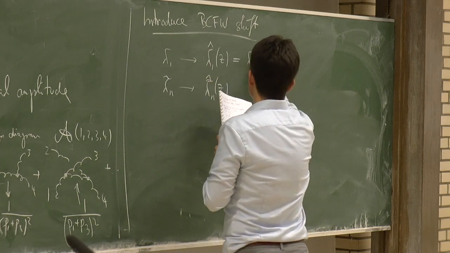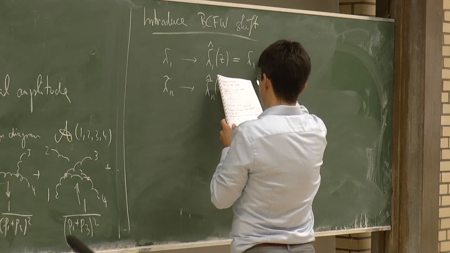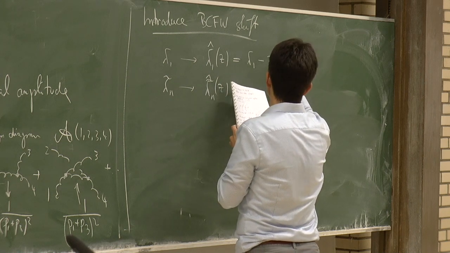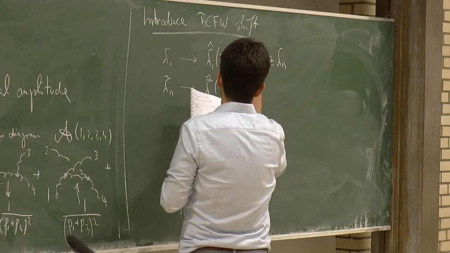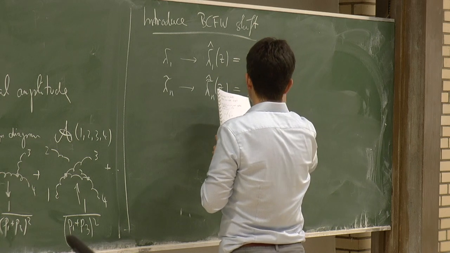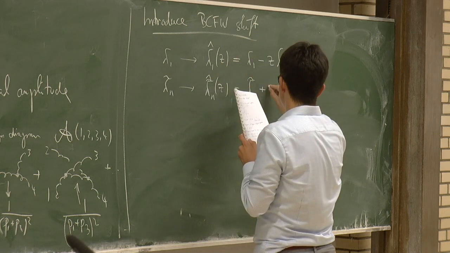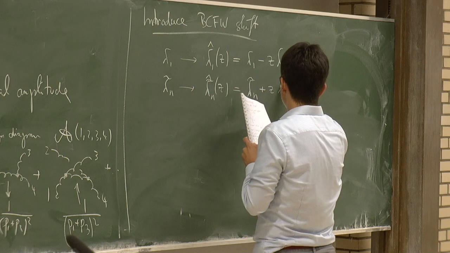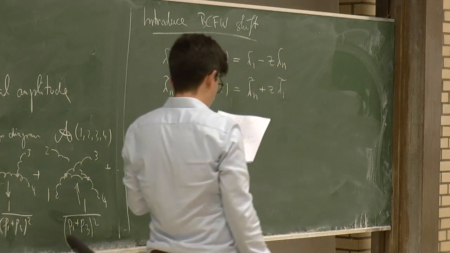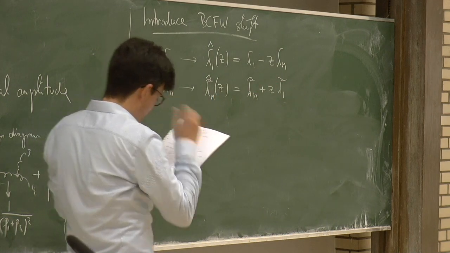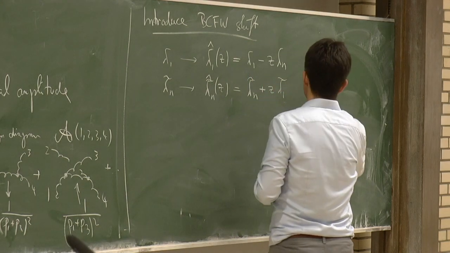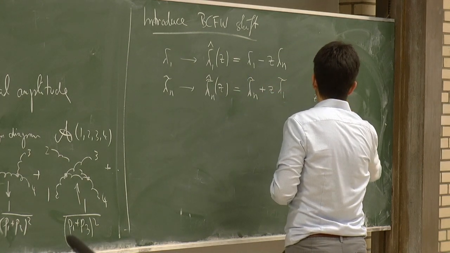So lambda 1 will go to lambda 1 minus z lambda n, and lambda twiddle n will go to lambda twiddle n plus z lambda twiddle 1. And in this, z is a complex number.